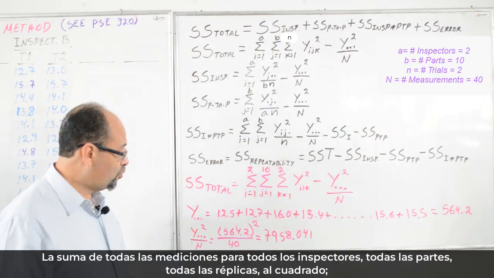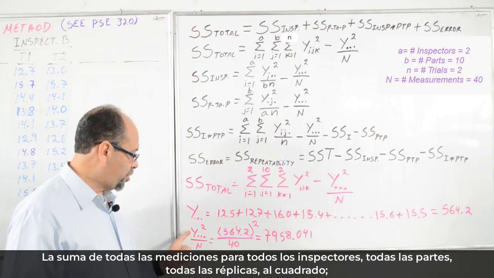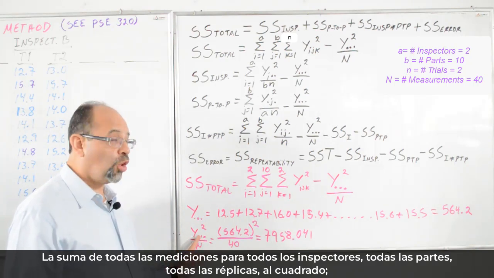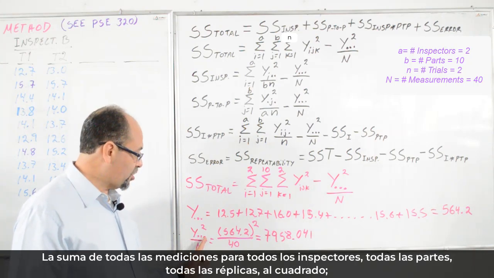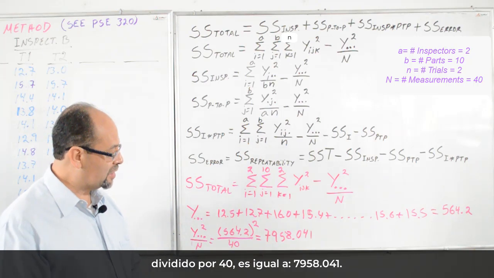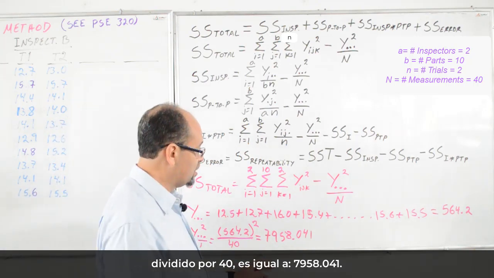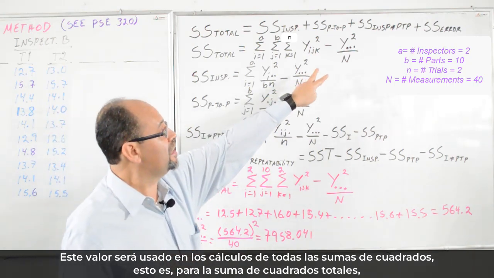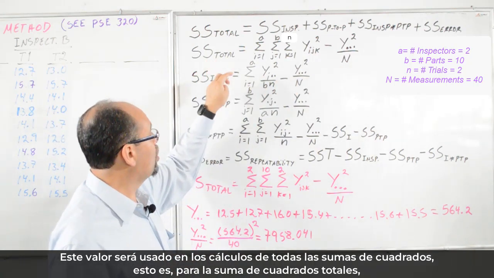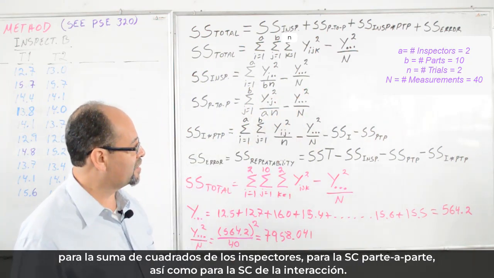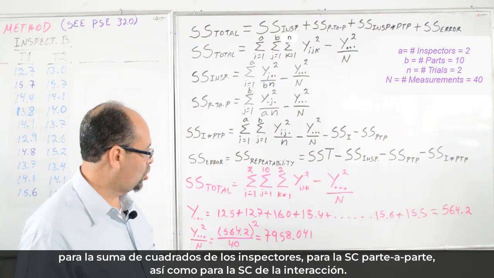The sum of all the measurements for all the inspectors, all the parts, all the trials, squared divided by 40 is 7,958.041. This value will be used for each of the calculations for the sum of square totals, the sum of squares of the inspector, the part to part as well, and the interaction also.